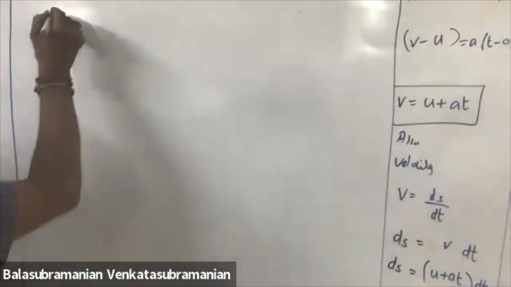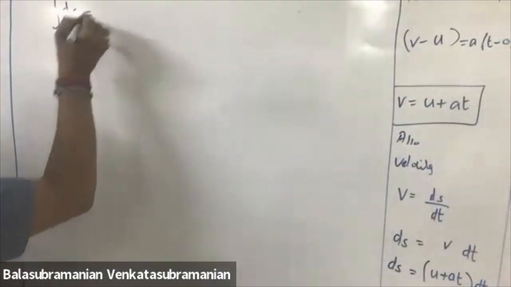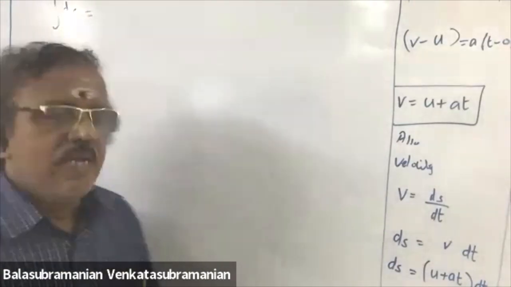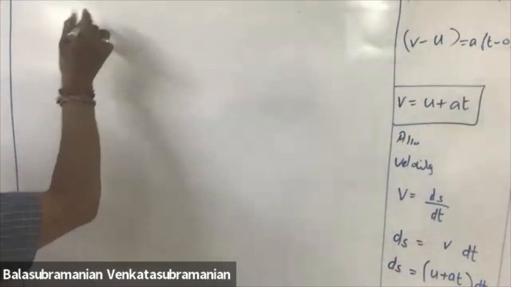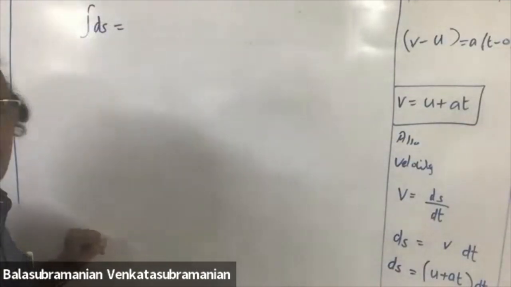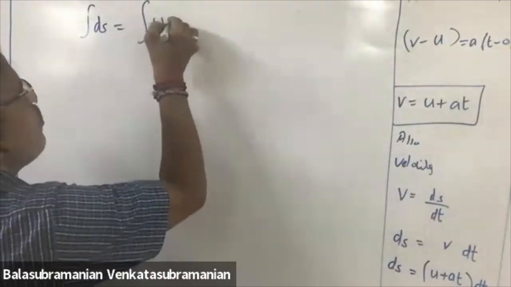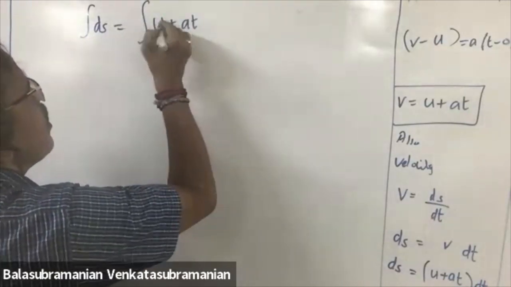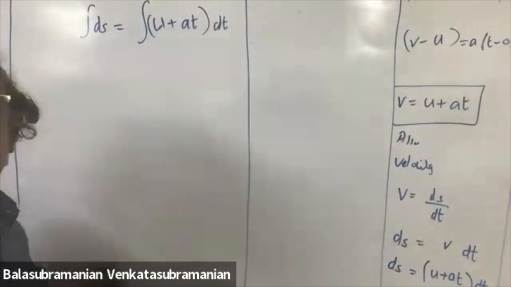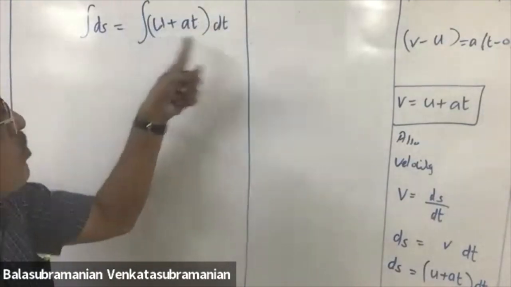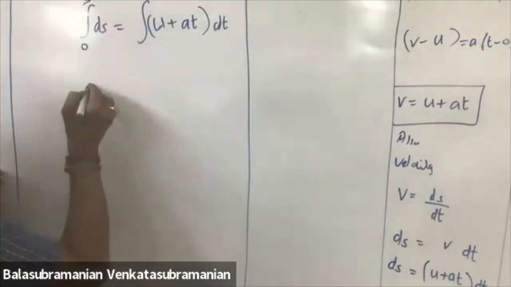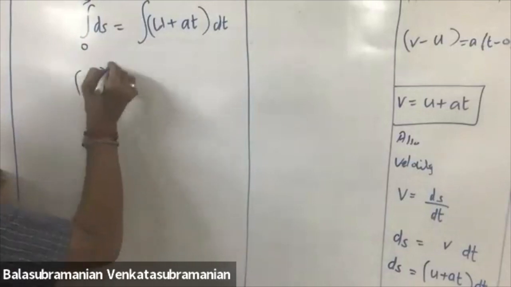Integrate the equation. Integral ds is equal to integral of u plus at into dt. Now you have two terms. Integral ds is 0 to s, so s with limit 0 to s.